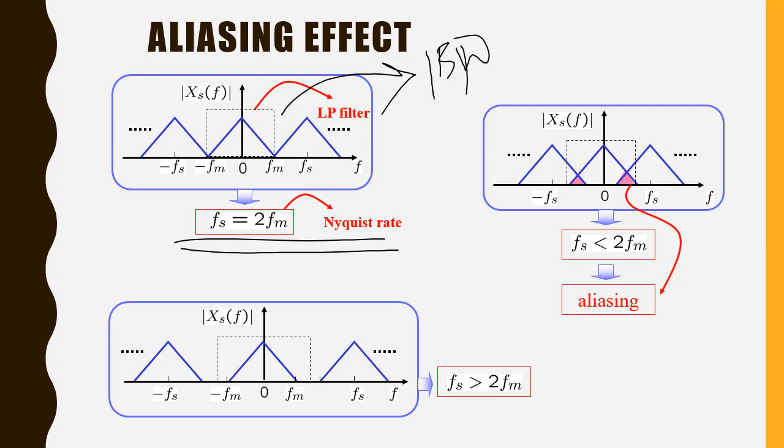But if fs is greater than twice fm, which we call oversampling, I am going to have extra bandwidth present.